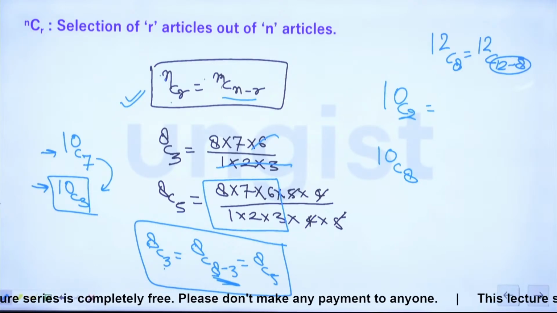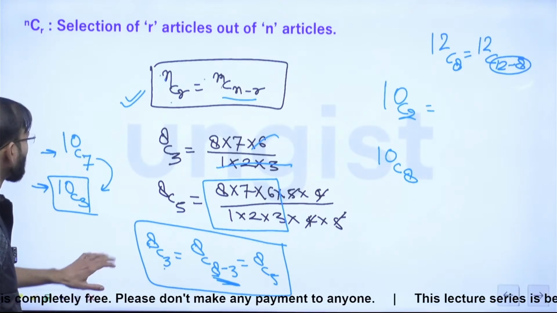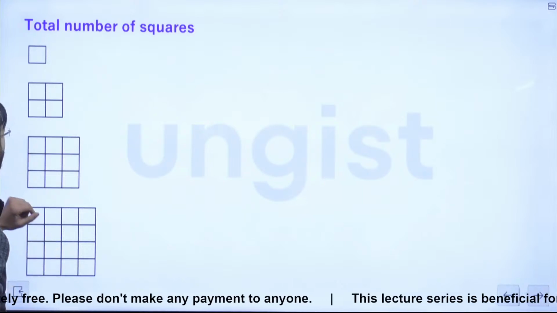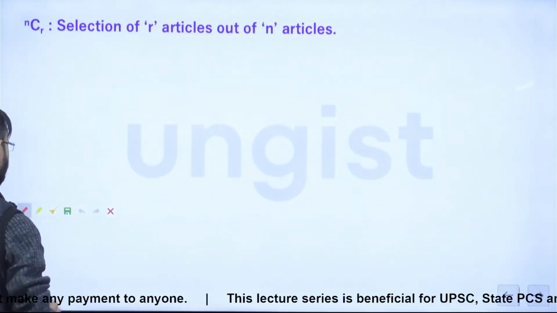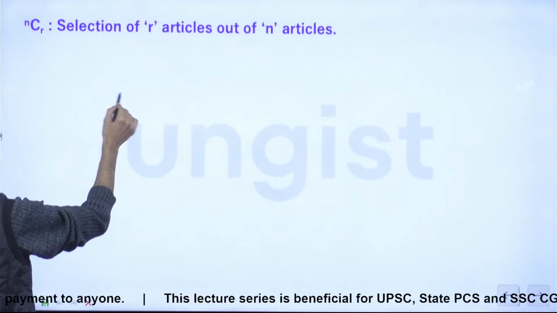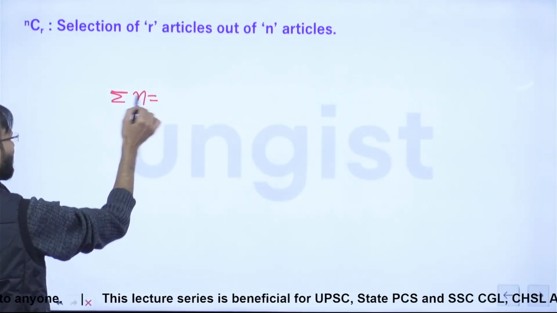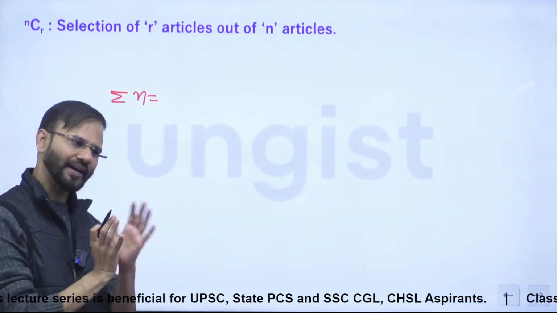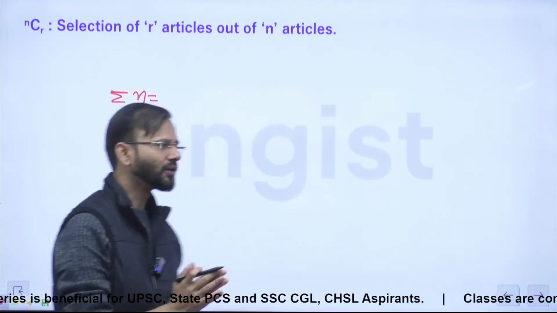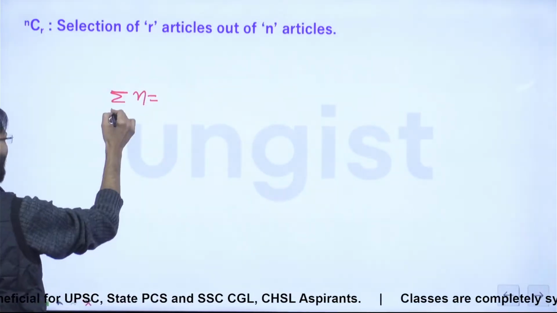Okay. All right. After that, see everyone, before that, I need to tell you one more thing. Sigma n, what is it? Like we have studied factorial, now let me tell you one more expression, which is sigma n.